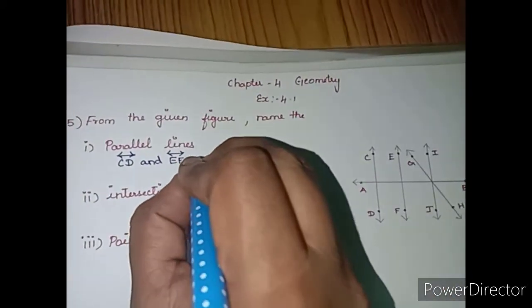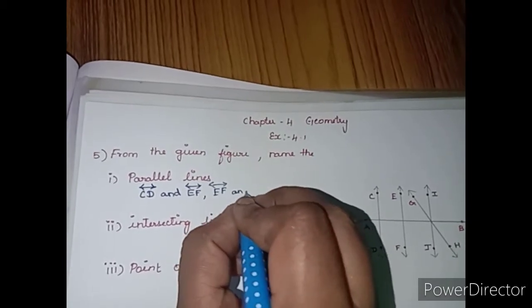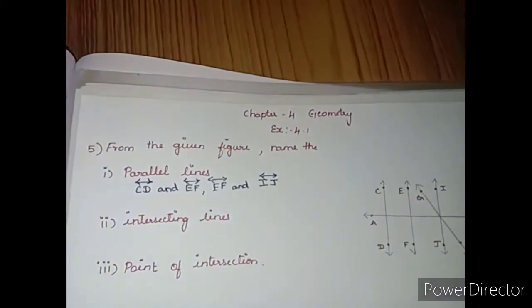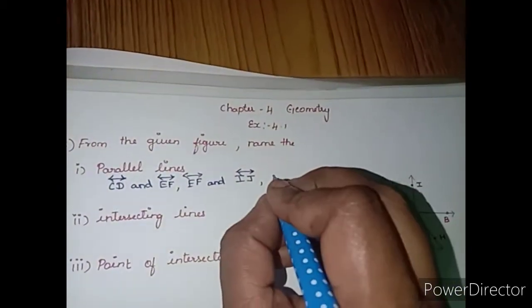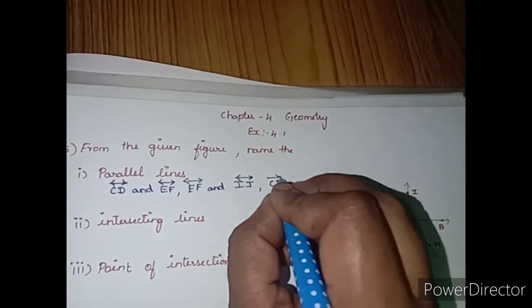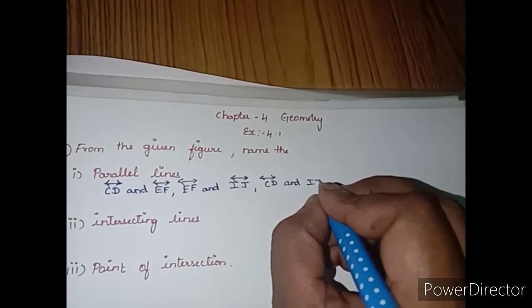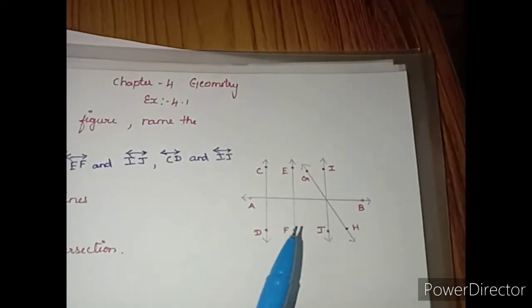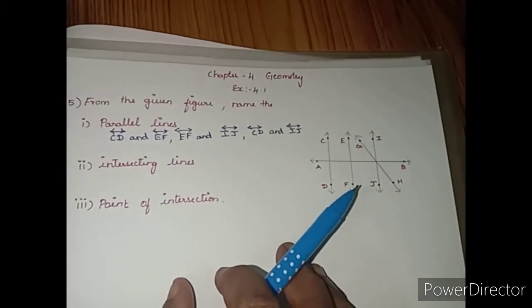Next, EF and IJ are parallel lines. Then again, CD and IJ are parallel lines. Can you find any other parallel lines? No. So we have only 3 sets of parallel lines.